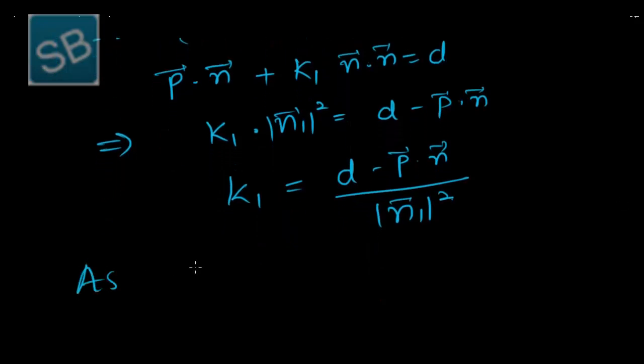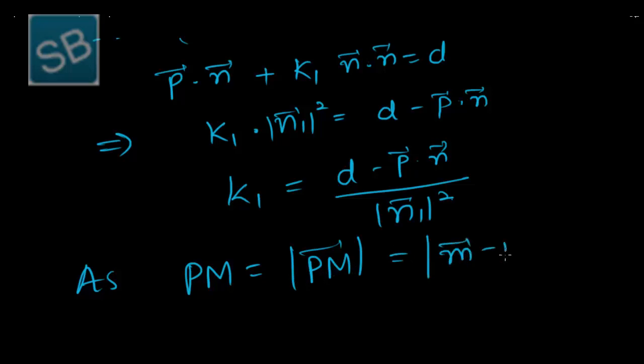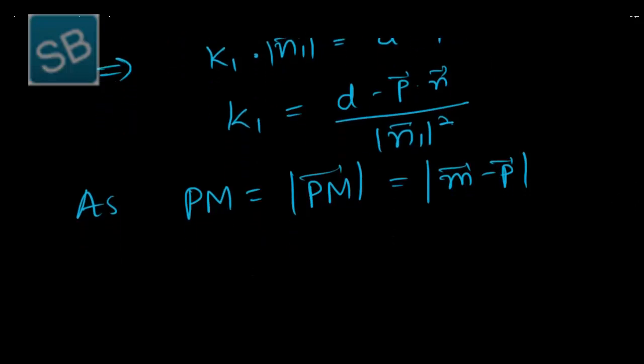Now PM is equal to the modulus of the position vector PM, that is the magnitude of this. So it will give m minus p, and then taking the modulus, as m minus p is, from the equation vector m is equal to p plus k1 n vector, modulus k1 times modulus n.